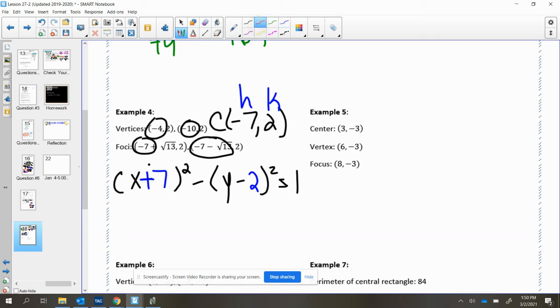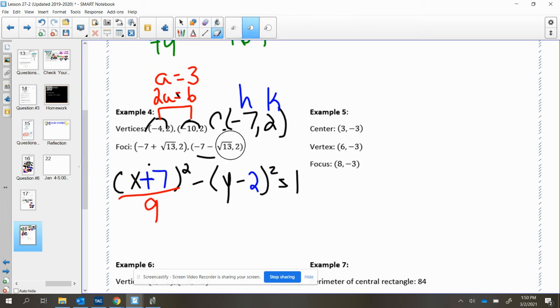Now the vertices are a total of 6 units apart. So that would make our A parameter 3. And that always goes under the first term in our hyperbolas. And then this time, they're not giving us any information about the conjugate axis. They're actually giving us the foci.